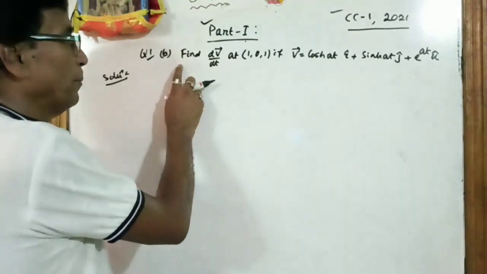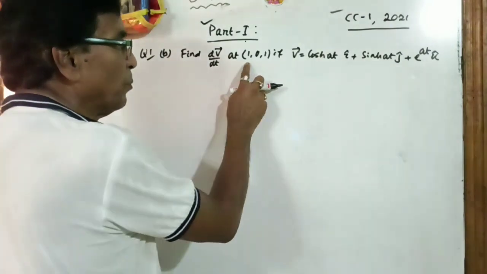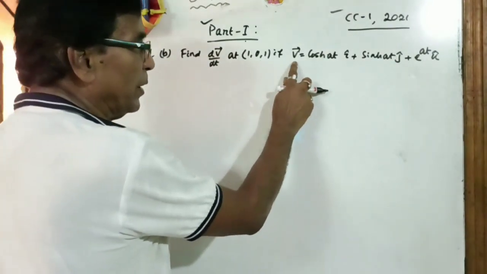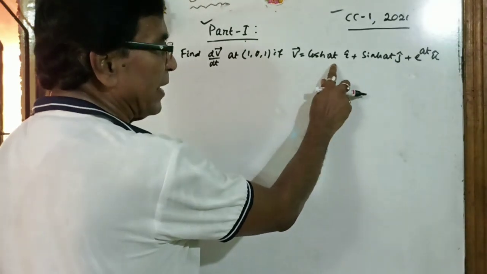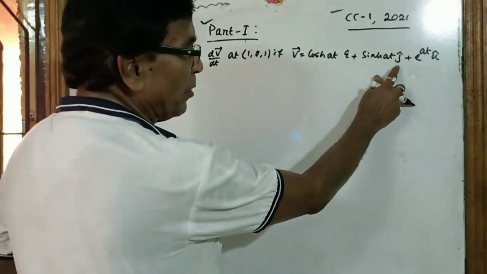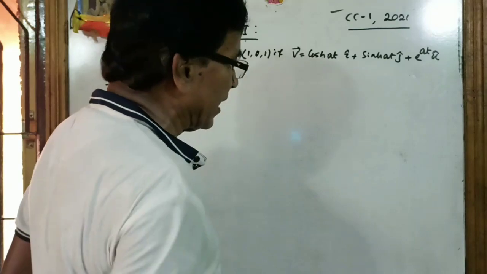So the next part is B. Find dv by dt at the point (1, 0, 1) if the vector v = cosh(t) i cap + sinh(t) j cap + e^t k cap.